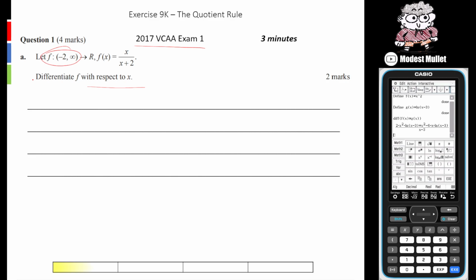The key thing here is that it's in full function notation. It's 2 marks, so I'm going to be really careful and probably give my answer in full function notation as well. So I'm going to let, we didn't do this on the previous slide, did we? No, it's different.